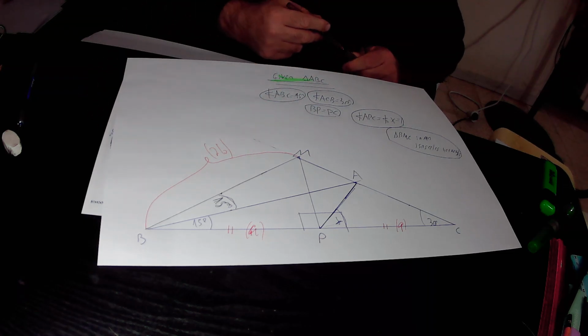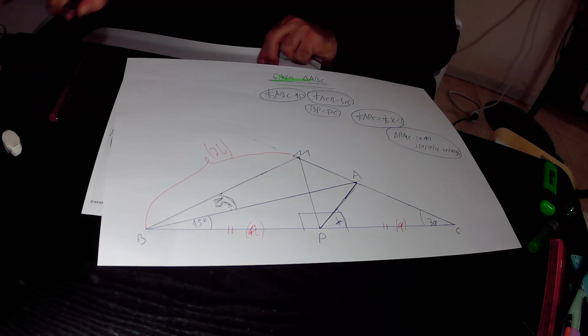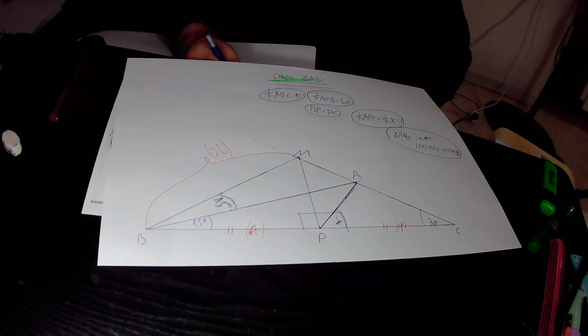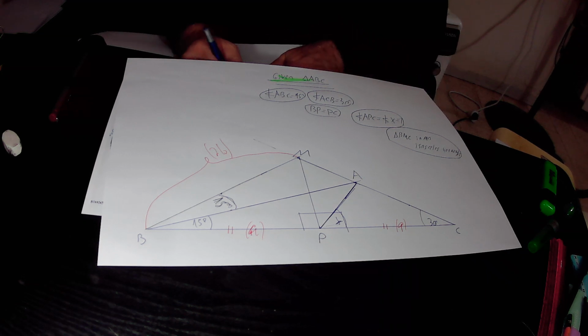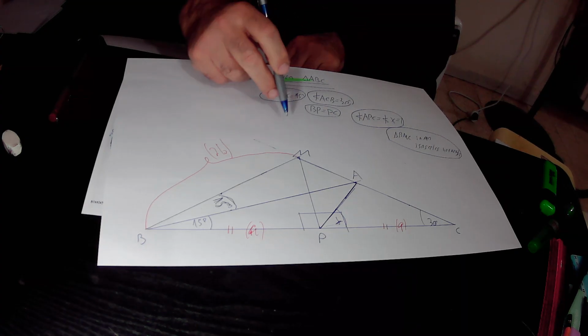So until now, in this right triangle BMP, sin 30 degrees equals MP over the hypotenuse MB.